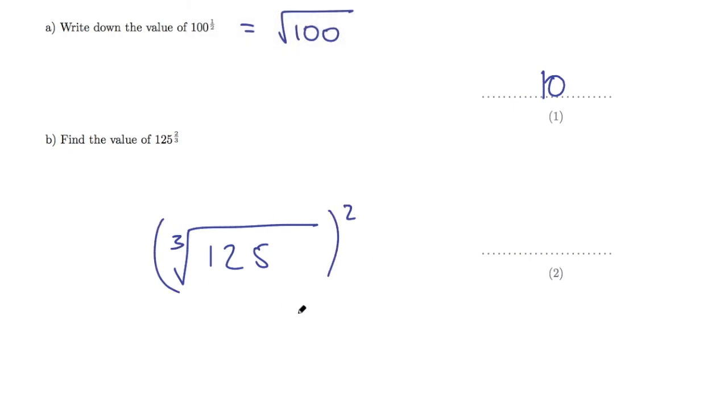You will still get the same answer. So we can say, what is the cube root of 125 squared? Hopefully you know your cube roots and squares. If not, you can work it out pretty easily. The cube root of 125 is 5, squared, which is 25. So 2 marks for that one, as you need to do a little bit of work.